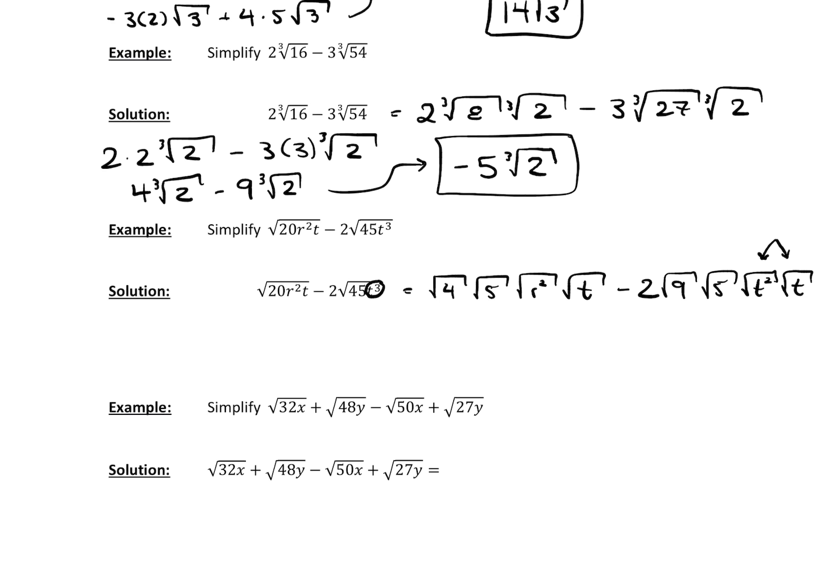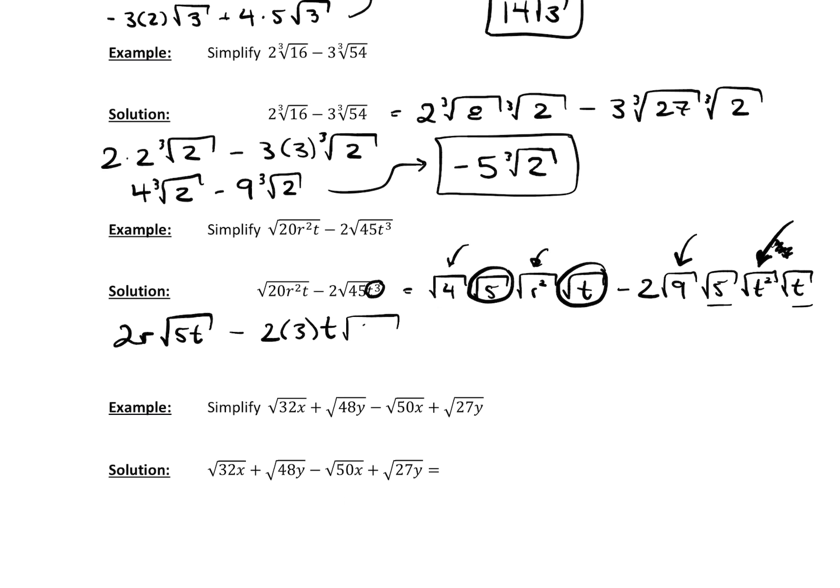So now you have 2 from here, r from here, and that can't simplify, so I'll keep them together, root 5t, minus 2 times 3 from there, t from there, and then nothing.